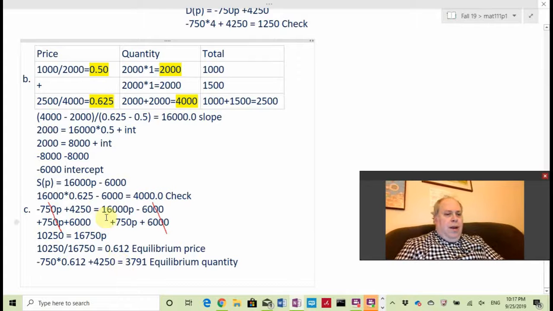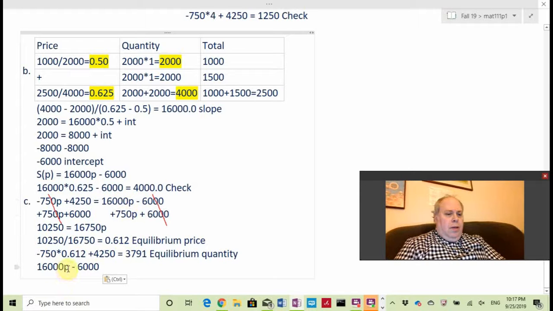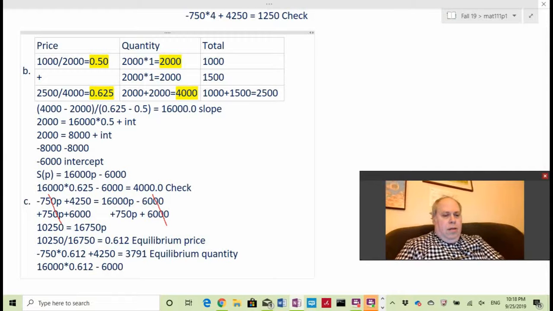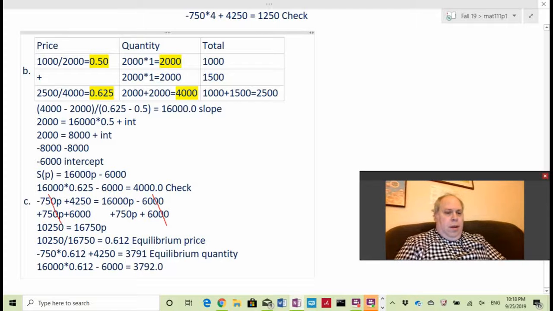So I'm going to use the supply function. If I'm right, this should give us something equal or at least close to 33,791. So once again, I'm going to put in times 0.612. And the result, within a pound, that's close enough for me. So I'm going to call that a check.